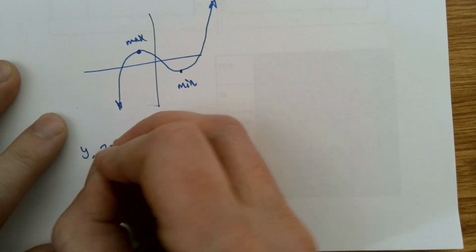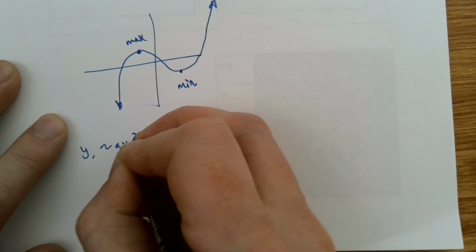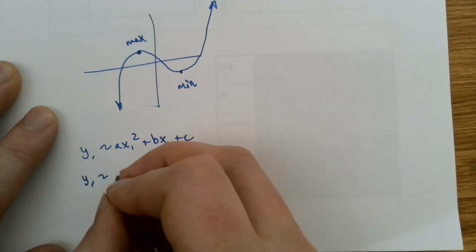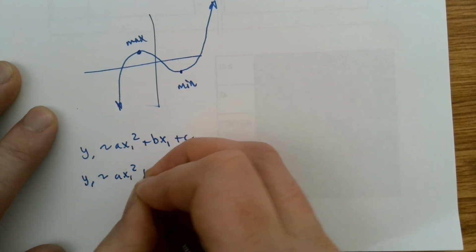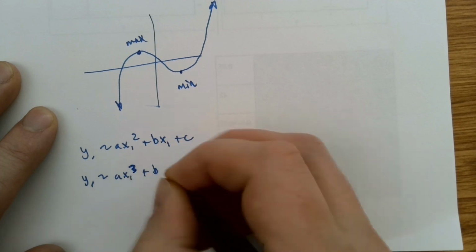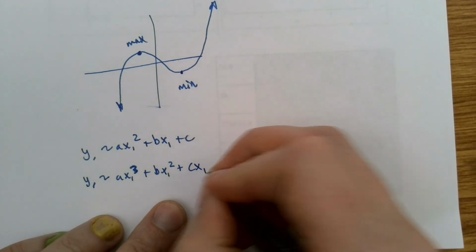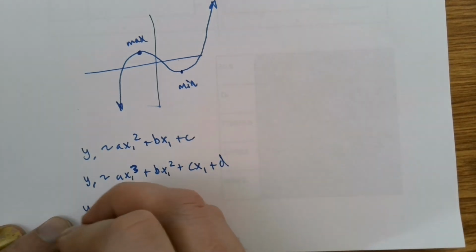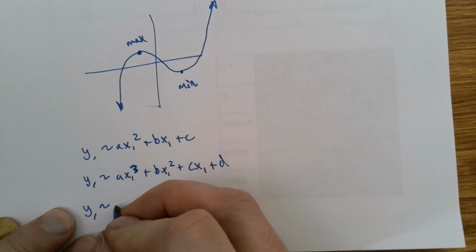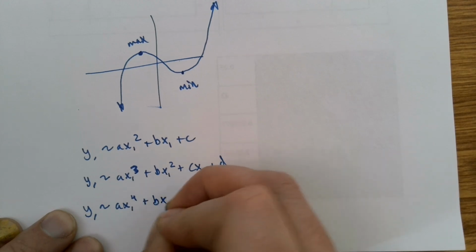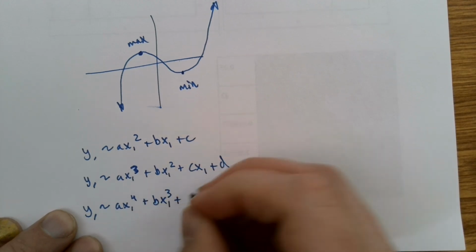And finally, we did some regression equations. So y1 tilde ax1 squared plus bx1 plus c, or y1 tilde ax1 cubed, oops, that should be cubed, plus bx1 squared plus cx1 plus d. And then we discovered that in Desmos you cannot use e because it's already programmed as a number.